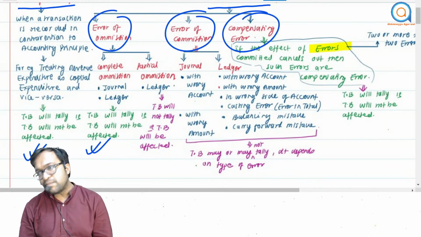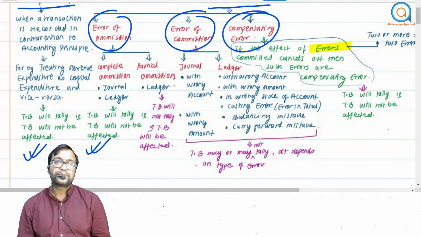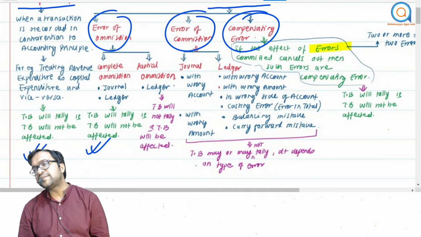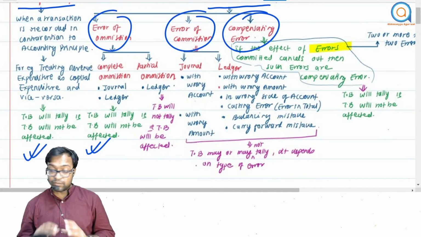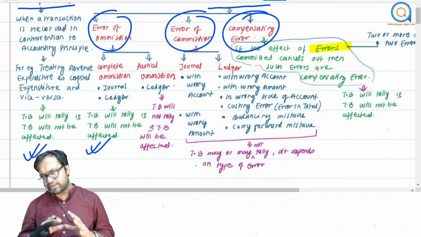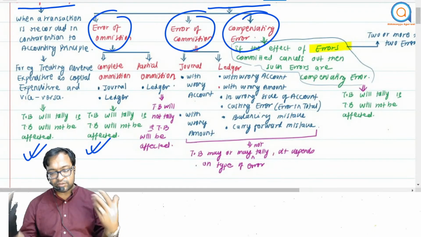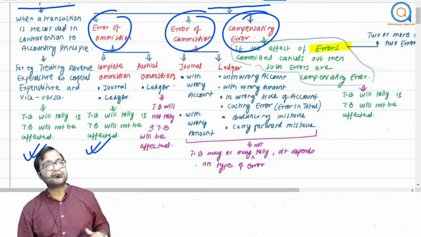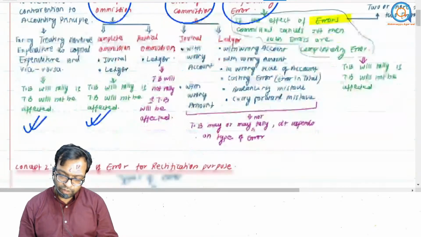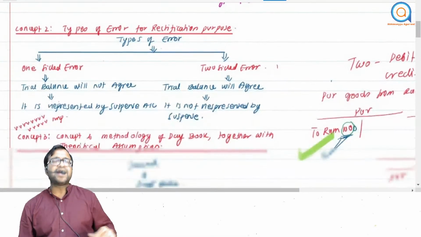But if it is compensating error, the trial balance will always tally. Correct? I'm going through it very quickly because you all know. But if you listen to me with full concentration, I'm sure things will be revised. Correct? Okay, sir.